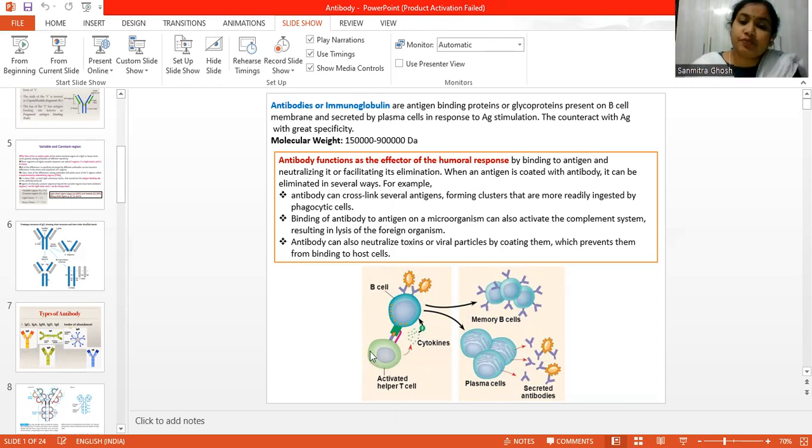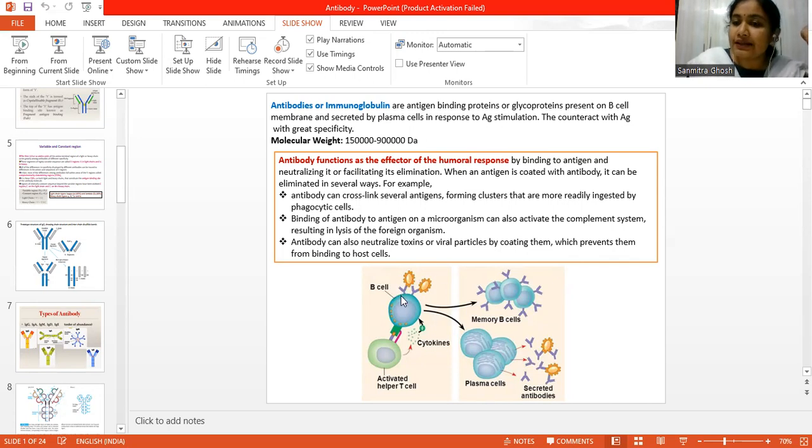If we look into this picture at the very bottom, this is the pictorial representation of how the B cell activation occurs, leading to the formation of the antibody. So initially, the naive B cell will interact with the antigen for the first time with the help of the membrane-bound immunoglobulin. Okay.